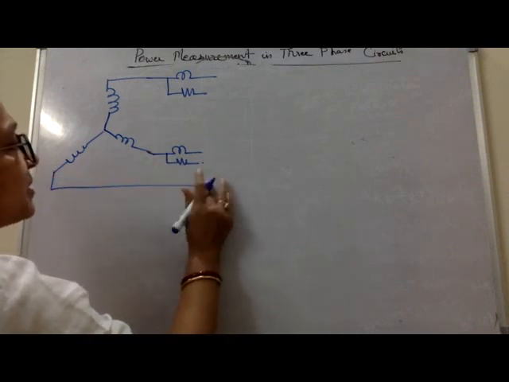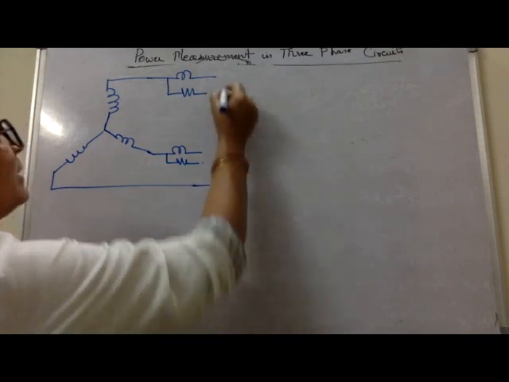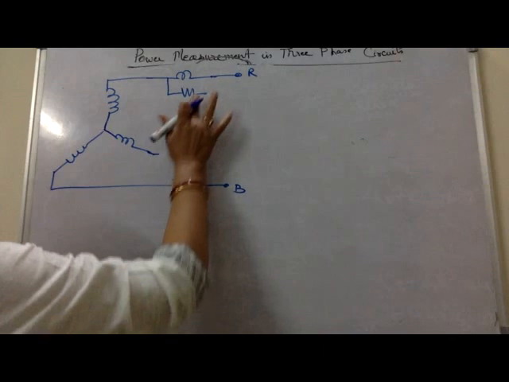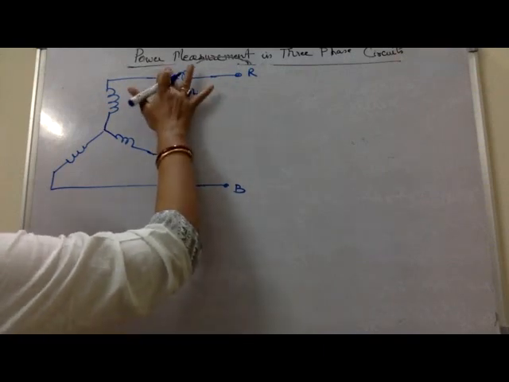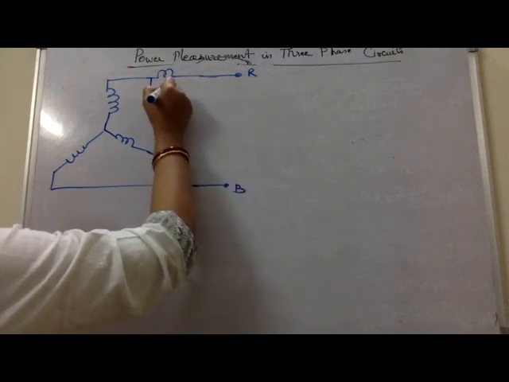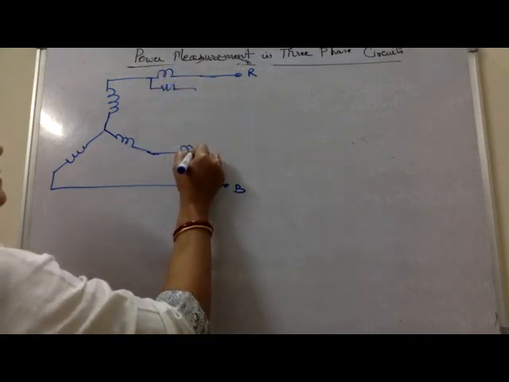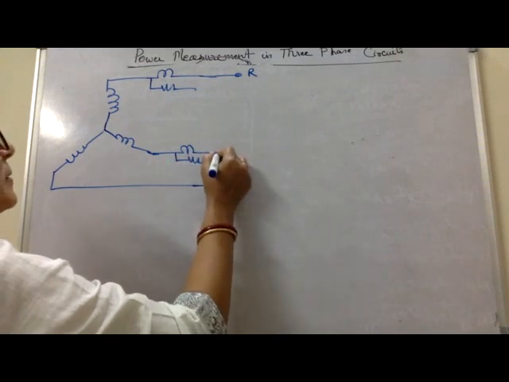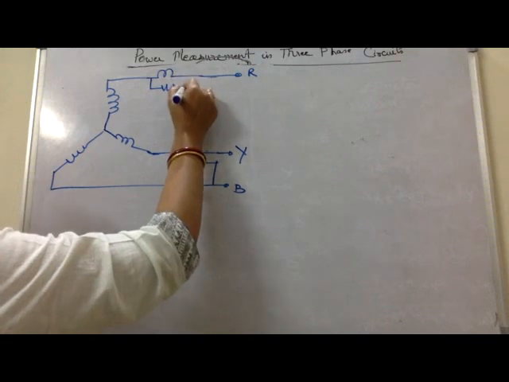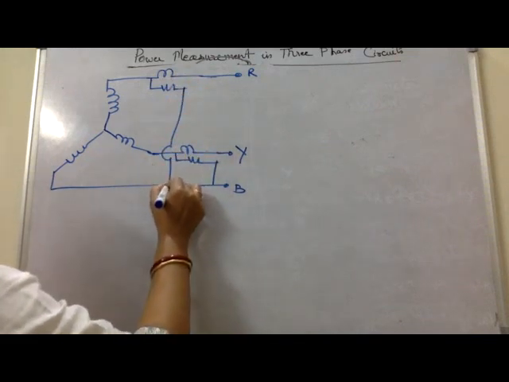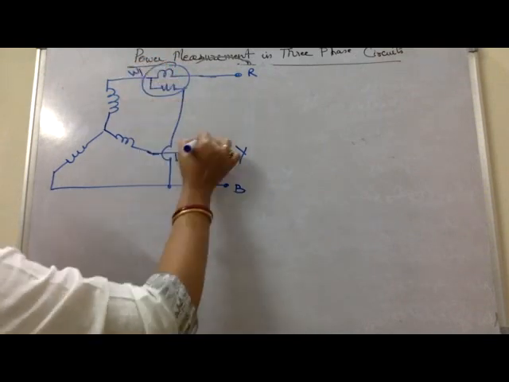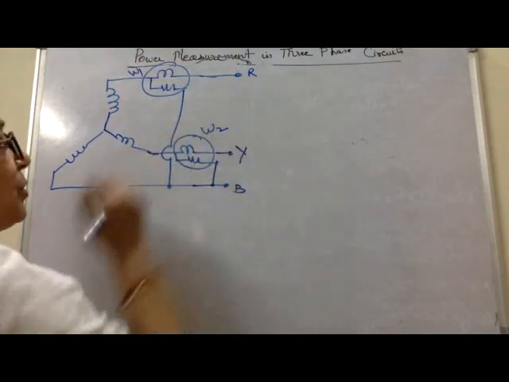This is our phase B, this is phase R, and so on. B is the common terminal. This is your W1 and this is our W2.